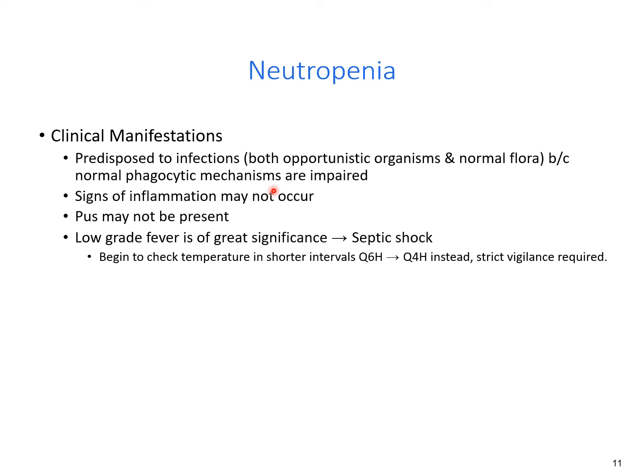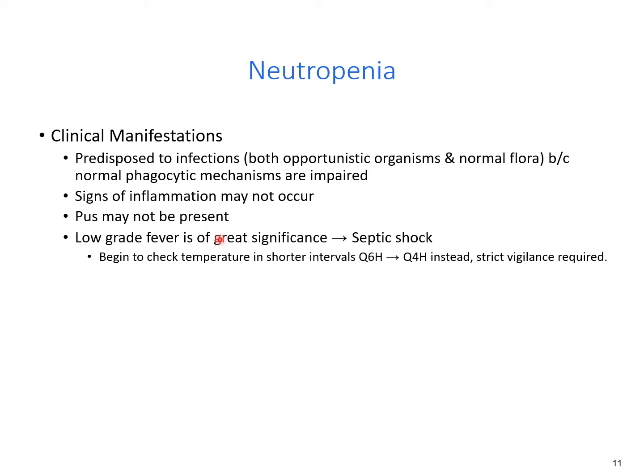You may not have the normal signs of inflammation to even let you know that you have an infection. Pus may not even be present, like all the usual things that would happen to fight off your infection. Remember, you normally would have the inflammatory response, all those weird things going on. Those may not even necessarily be going on.